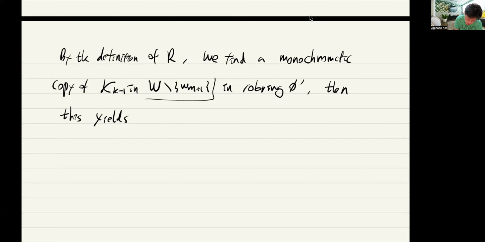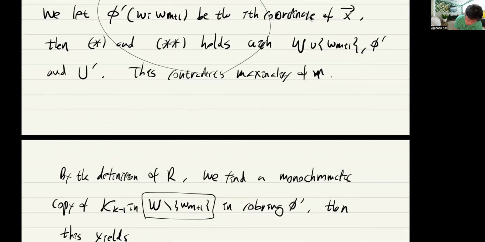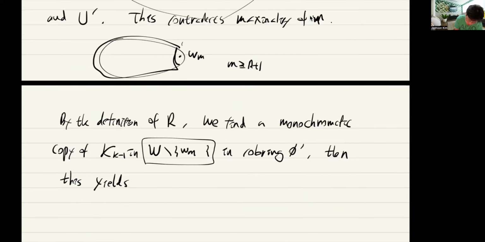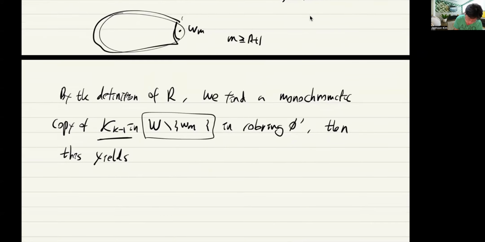So in W, you choose the last one, M. Then M is bigger than R plus 1. So even without this, here you can find the copy of A_{K minus 1}. Then you have A_{K minus 1}, and then you add this w_M.